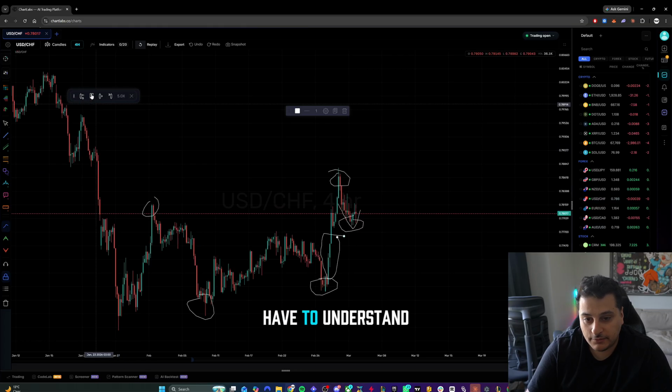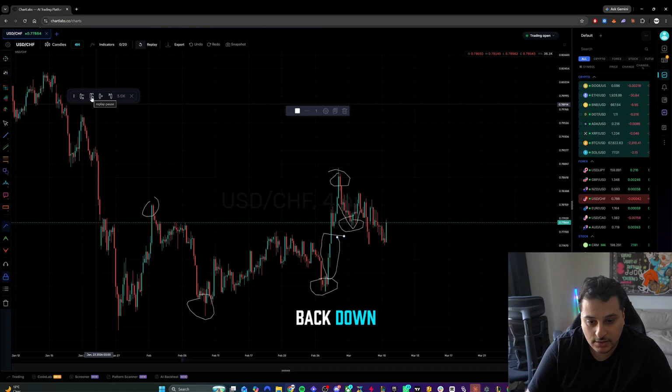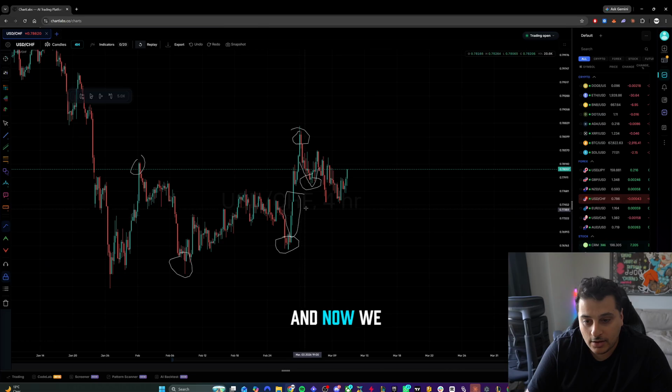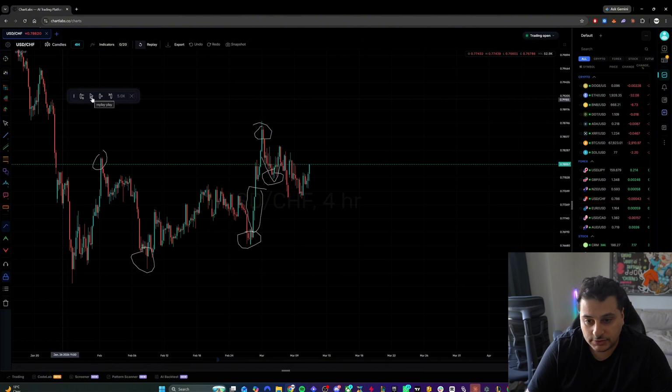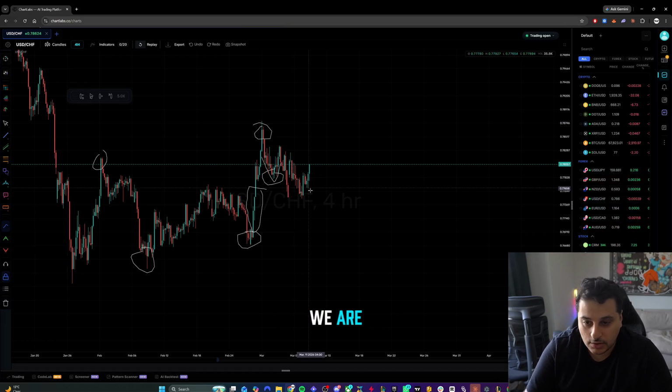This is something that we're going to have to understand, right? So if we press play, look what happens, right? The price goes back down, goes back into that low fair value gap. And now we probably have a better support right here, a better V that we can use for our entries. We just got to look for the candles that we're looking for, right? So for example, over here, if we're looking to take a trade, not saying we are, we can see that we have, again, a little small candle here calling for indecision.